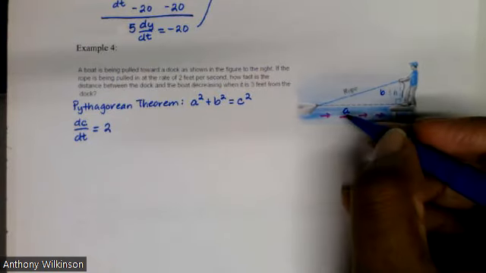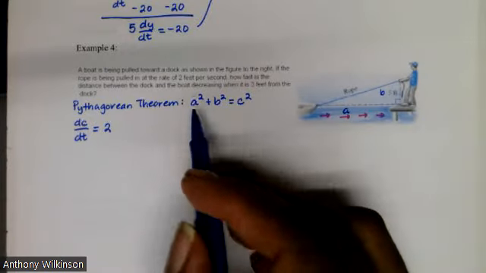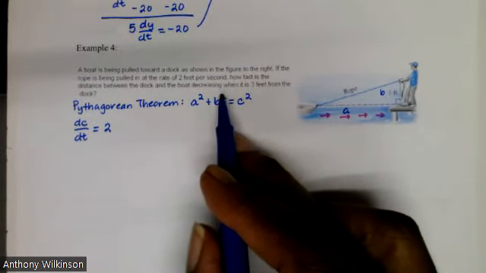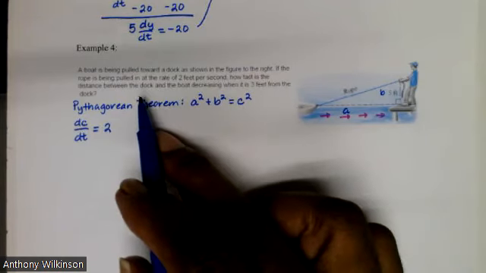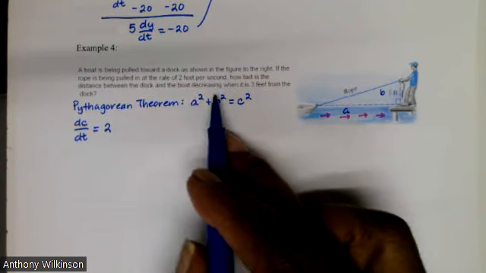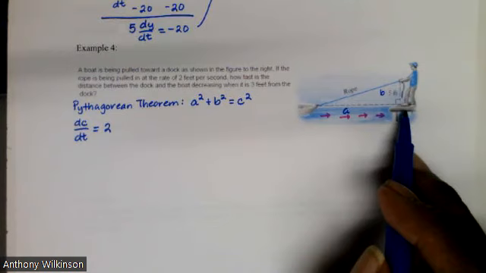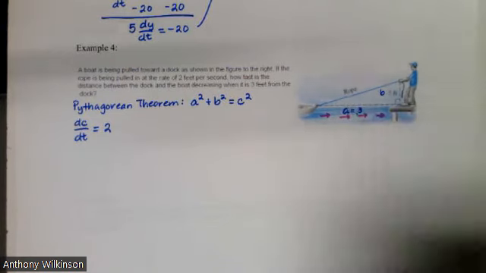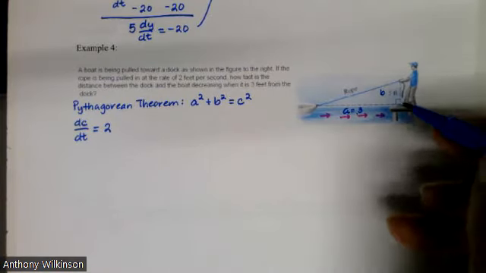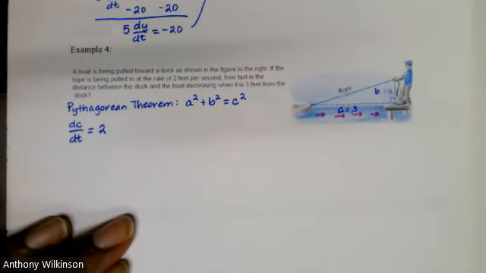We're also told how fast the distance between the dock and the boat is decreasing when it is 3 feet from the dock. That means A is equal to 3. So we know what A is, and we know B is 5 feet. Let's find out what C is using that Pythagorean theorem.